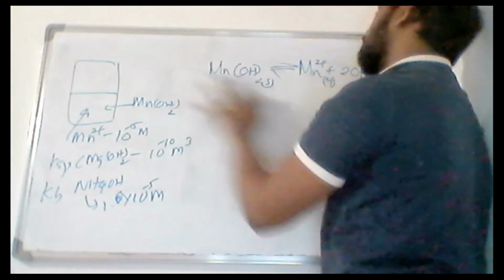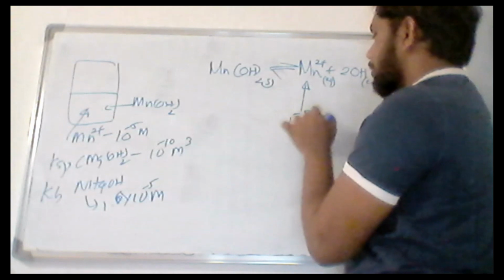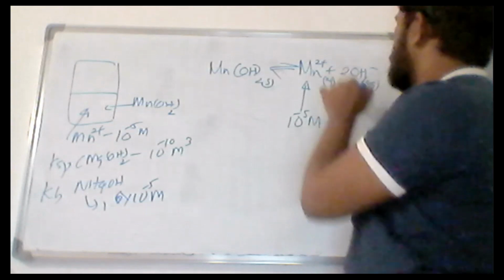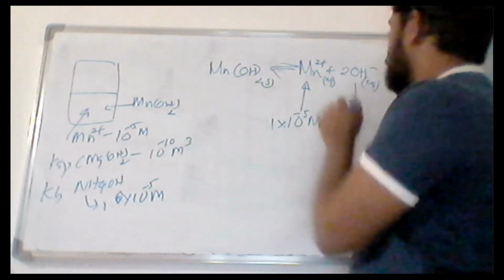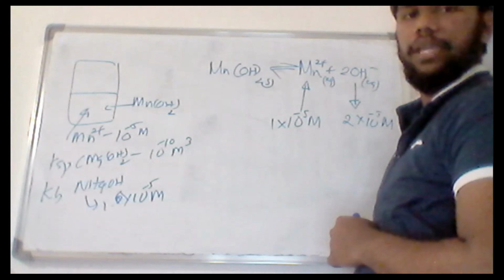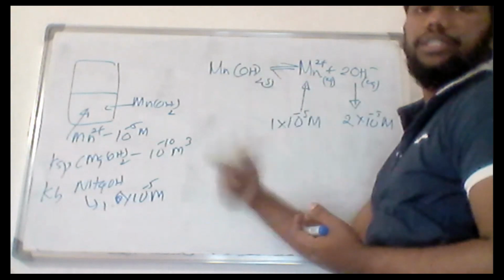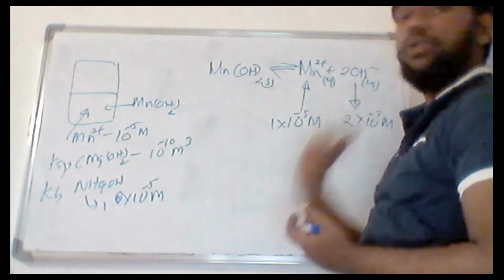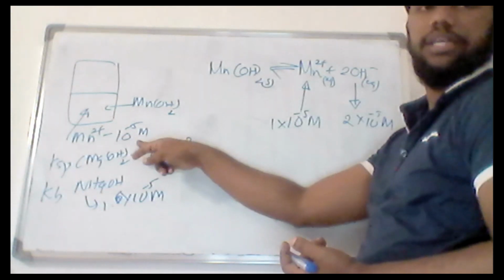In this saturated solution, they have given the concentration of Mn2+, that is 10 to the power -5 M. So if you know this as 10 to the power -5 M, the OH- will be twice of it: 2 times 10 to the power -5 M. Because in this equilibrium, when 1 mole of Mn(OH)2 is dissociated, it will give 1 mole of Mn2+ and 2 moles of OH-. So the concentration should be double according to the information they have given.